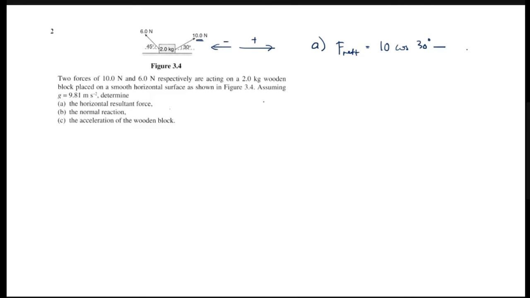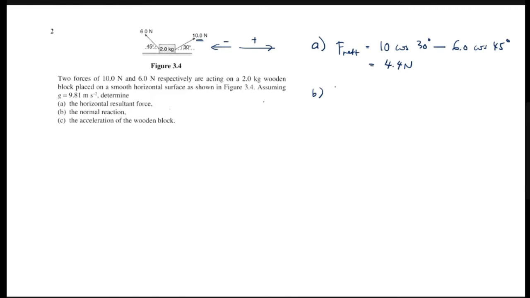Because the 6 Newton is pushing to the left of the diagram. So 6.0 Newton times cos 45 degrees. And you have 4.4 Newton in the horizontal. This is A, done. For B, the normal reaction.